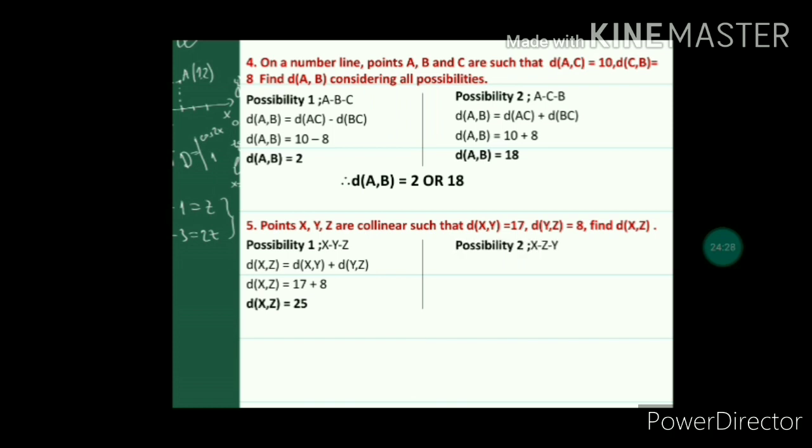Second possibility is Z in between X and Y. Therefore, distance of XZ is equal to distance of XY minus distance of YZ. Therefore, distance of XZ is equal to 17 minus 8. Therefore, distance of XZ is equal to 9. Therefore, answer is distance of XZ is equal to 25 or 9.